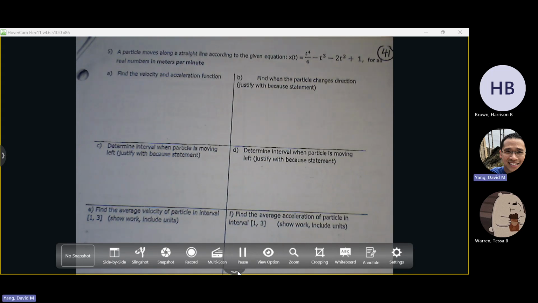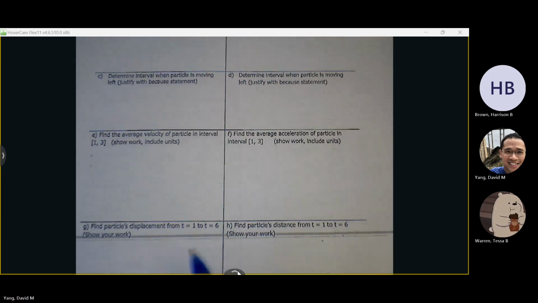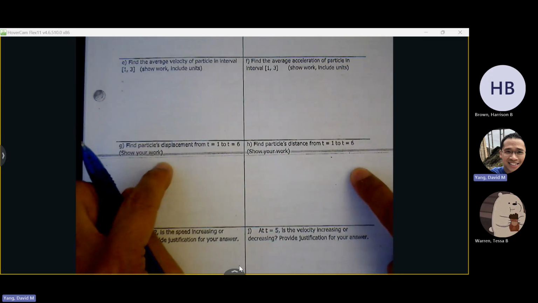Okay, which parts do you want to? H, I, and J. H, okay. So H says find the particle's distance from 1 to 6. Let me start off by doing G because these are very much related here.